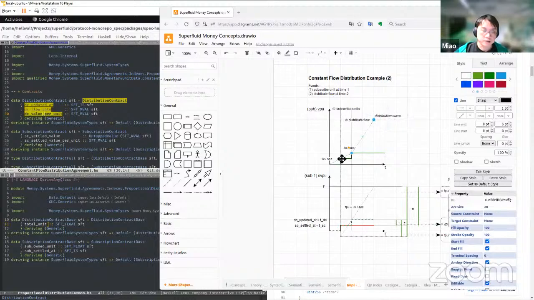You track the current value. The next time a distribution flow happens, you track the value again. But this time it's changing the distribution flow. Before it was 1x, now it goes 3x. The speed goes 3 times faster to everyone, right? So that's where the curve also changes. This green line is a DC value per unit, VPU.